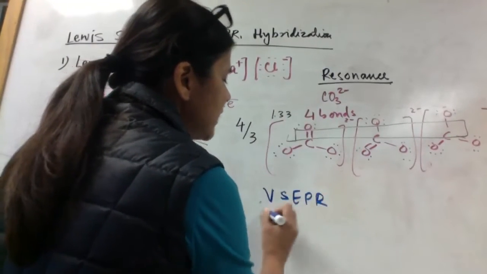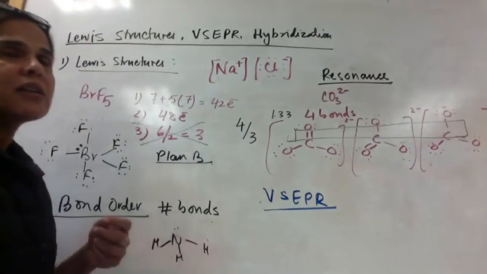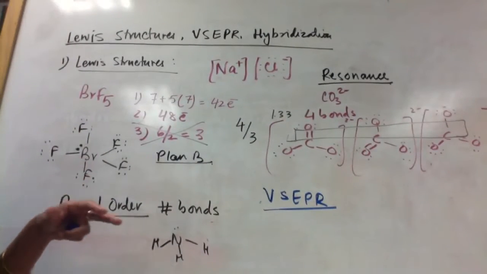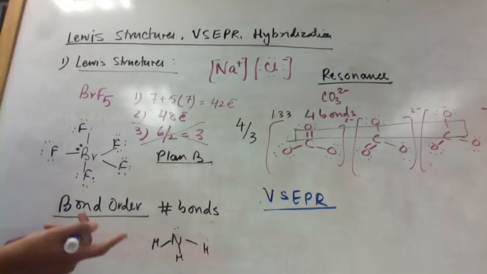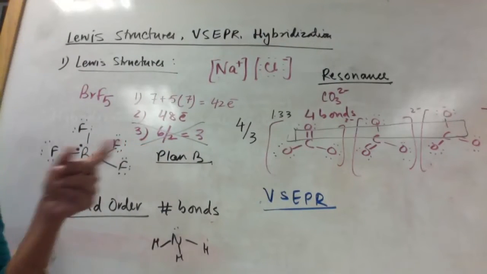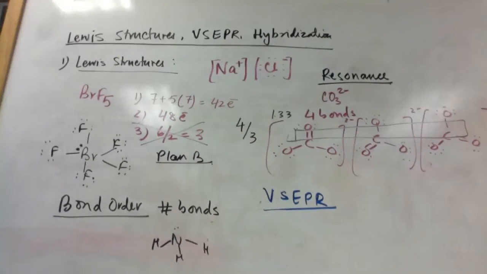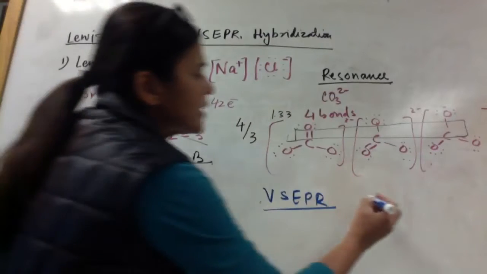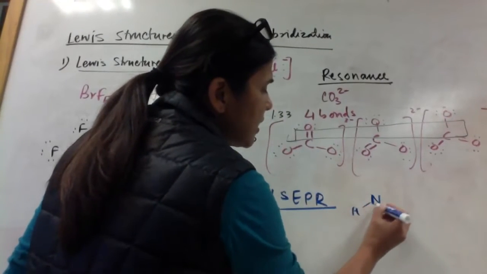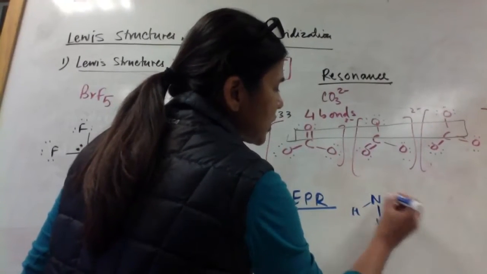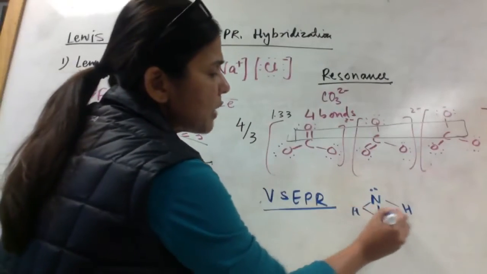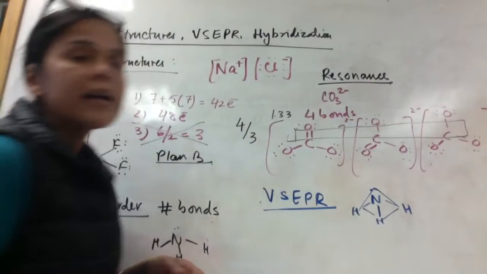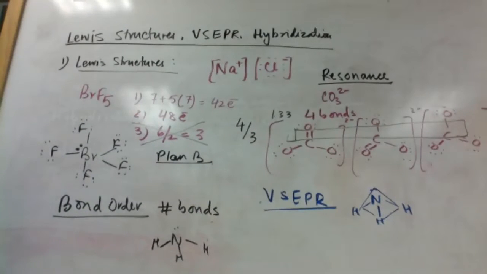VSEPR theory, or valence shell electron pair repulsion theory, says that if you have a Lewis structure, using the Lewis structure, this theory can tell you how the molecule will look in 3-dimensional space. So, for example, ammonia, if you draw its Lewis structure, then VSEPR theory will tell you that this molecule will be like a trigonal pyramidal.